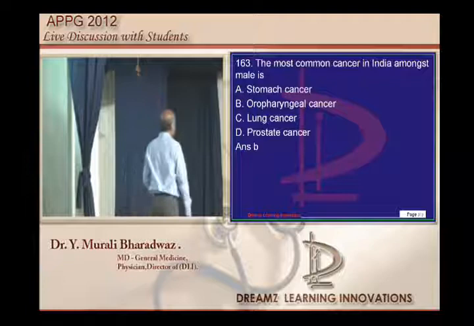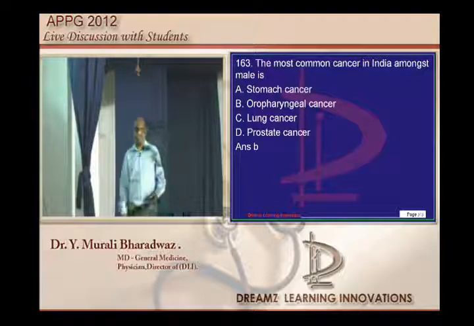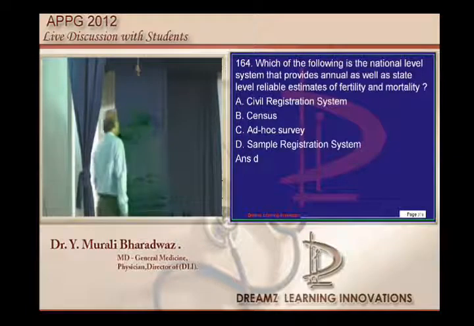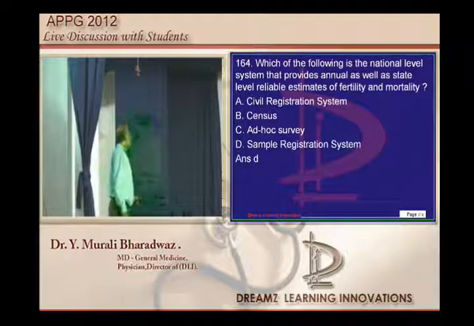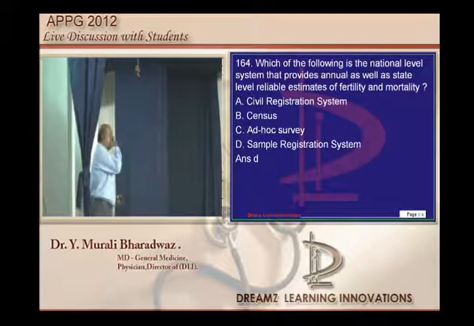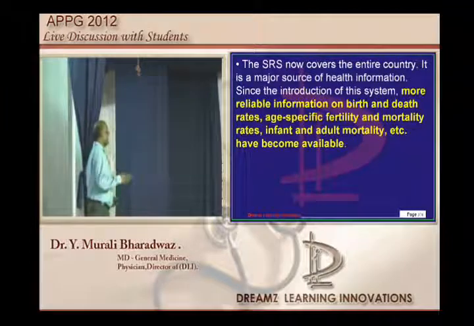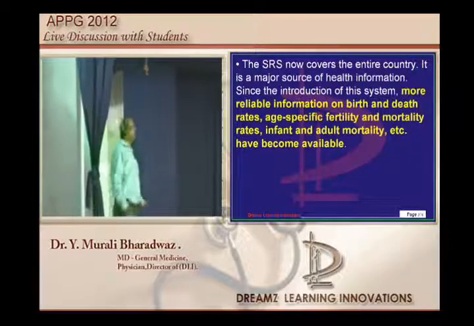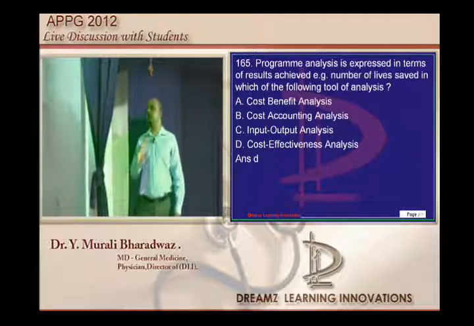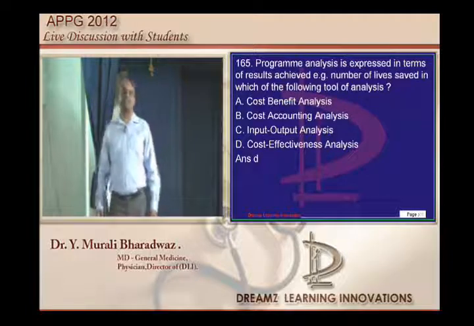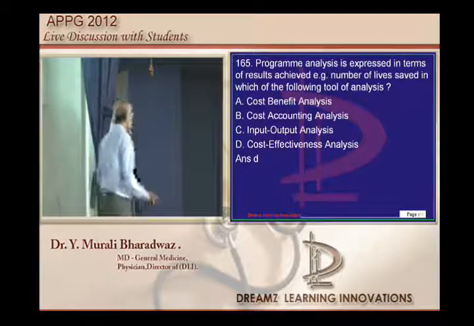Now the most common cancer in India is oropharyngeal, undoubtedly. Now the sample registration system gives very reliable information on birth and death rate, age specific fertility, mortality, etc. This is another confusing question about the definitions, doctor. Anybody answered other than cost effective?